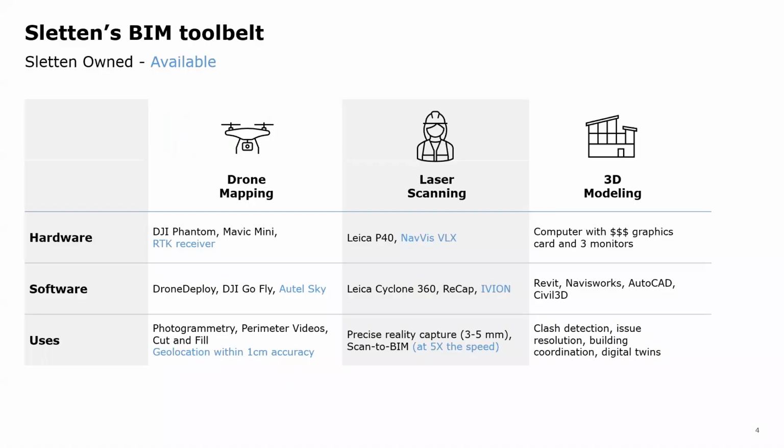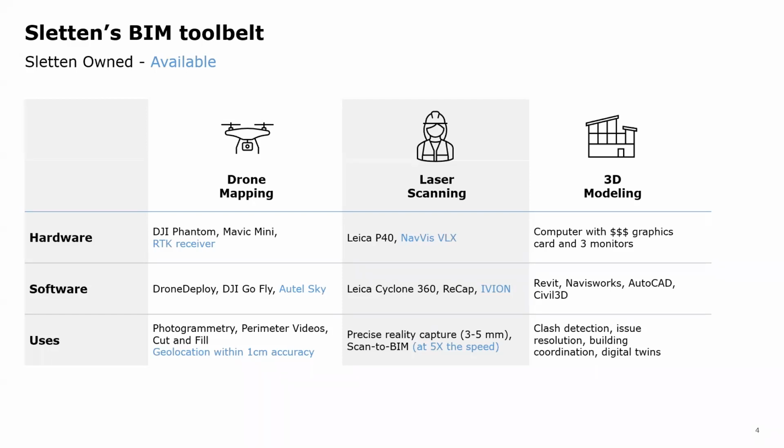So this is Sletten's BIM tool belt right here, and also on that table. The first thing that we use is drone mapping, and on the table there we have our DJI Phantom as well as the Mavic Mini. The software that we have is Drone Deploy. We'll go over all of its features in the next slides.